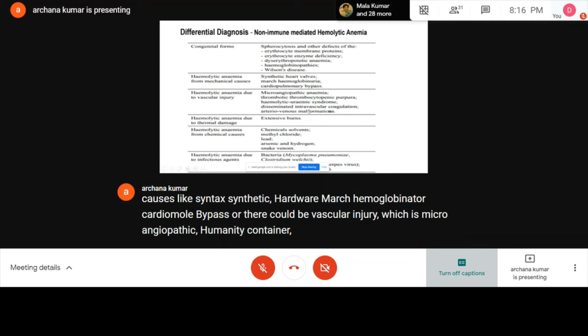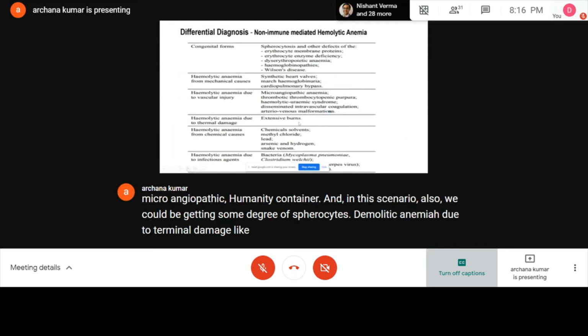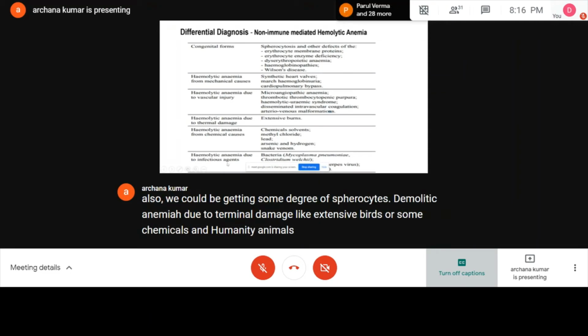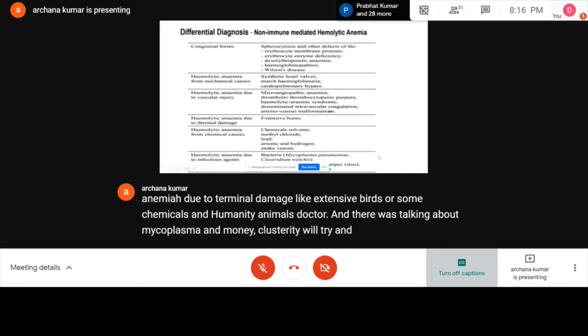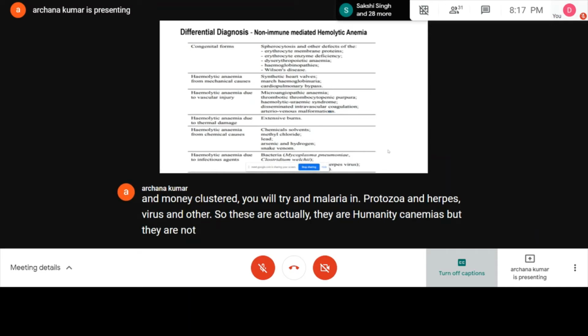In this scenario also, we could be getting some degree of spherocytes. Hemolytic anemia due to thermal damage like extensive burns or some chemicals, and infections, as Dr. Sanjay was talking about, mycoplasma pneumonia, Clostridium welchii, malaria in protozoa, and herpes virus and other disorders. These are hemolytic anemias, but they are not autoimmune hemolytic anemia.